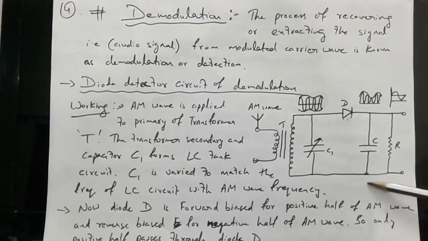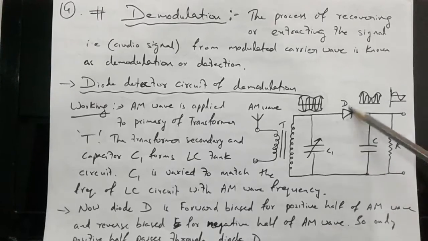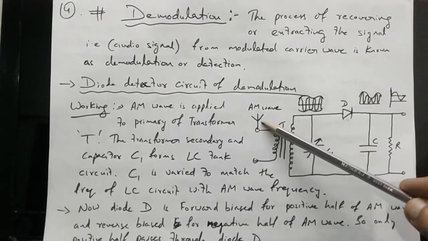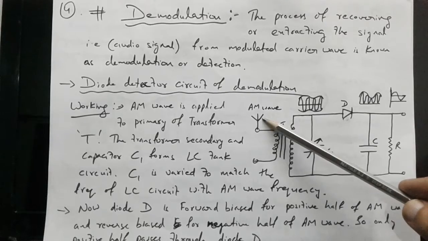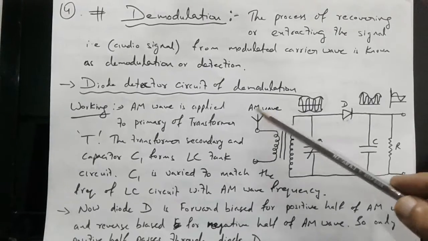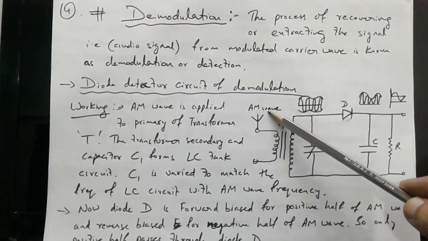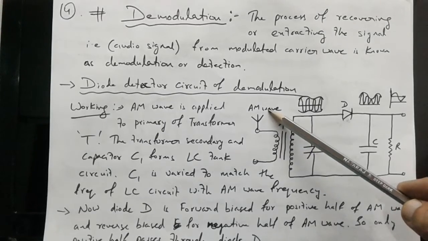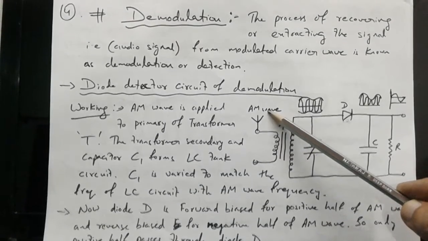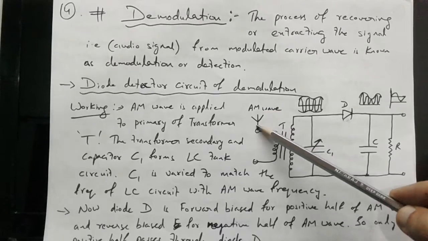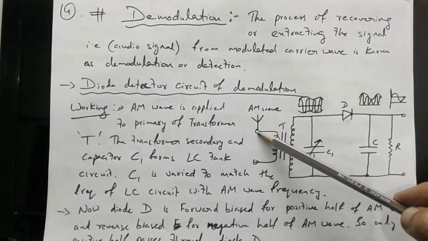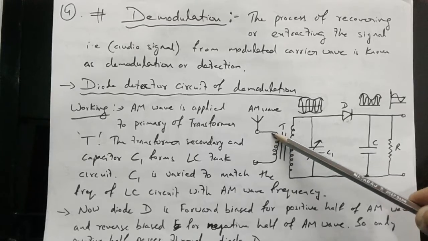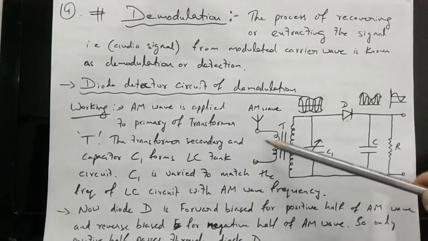This is the circuit diagram of that diode detector circuit. You can see that this is the antenna which catches the AM wave, amplitude modulated wave, which is in the space. So through this antenna, the AM wave goes into this circuit.